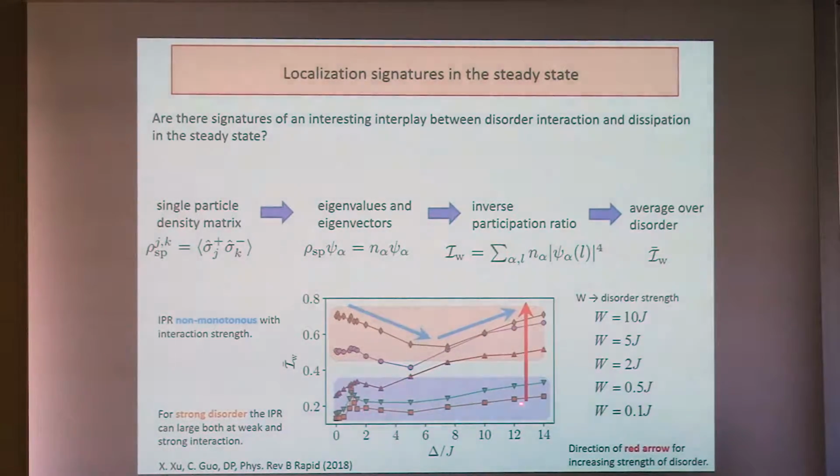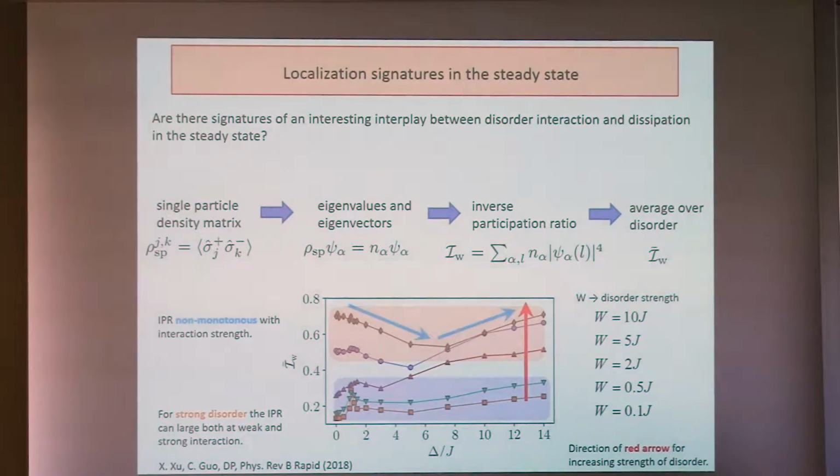In this region here, the region for weak disorder, the inverse participation ratio is small, so you have no signature of localization. But for large disorder, we see that there is a non-monotonous effect of interactions. The inverse participation ratio goes down, and then it goes up again. And so here we see some signature maybe of localization.